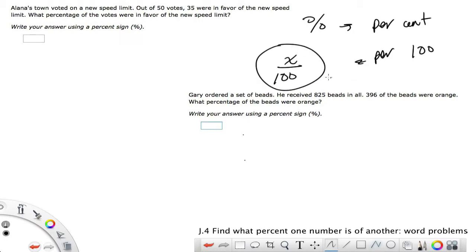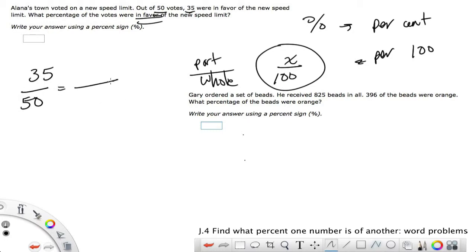We're going to divide. So if we look at this first one, new speed limit, there's out of 50 votes, remember that is going to be the whole, 35, that is the part, were in favor. So what percentage was in favor? So we have the part over the whole.